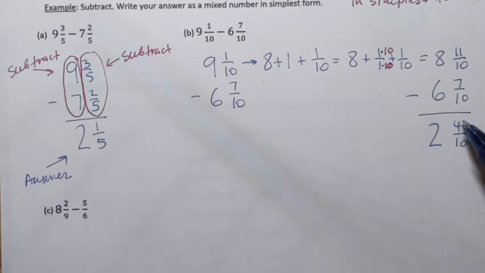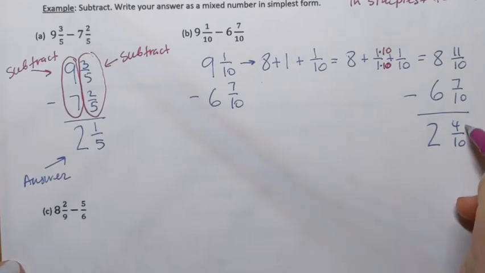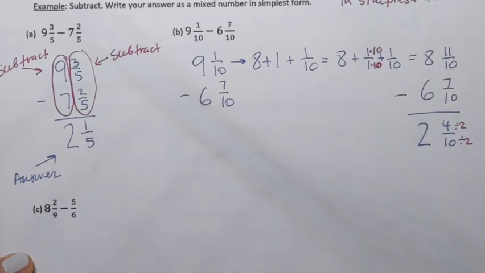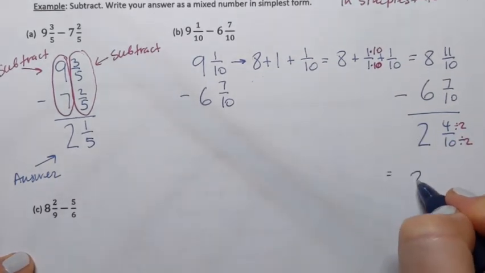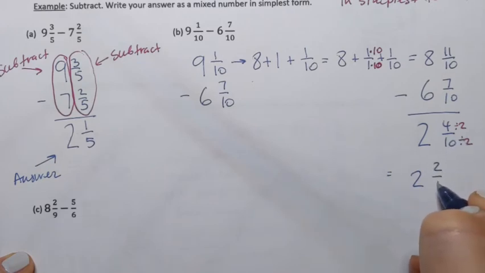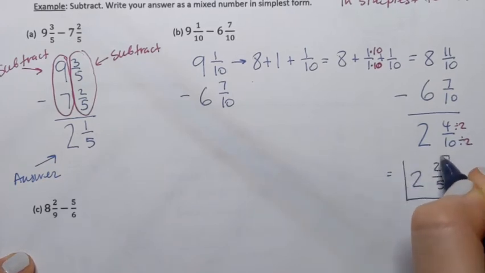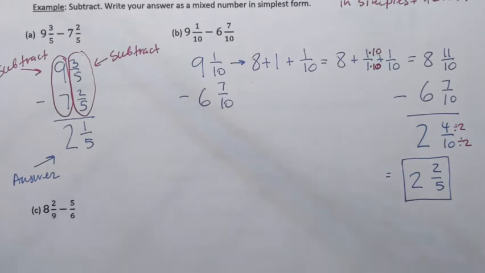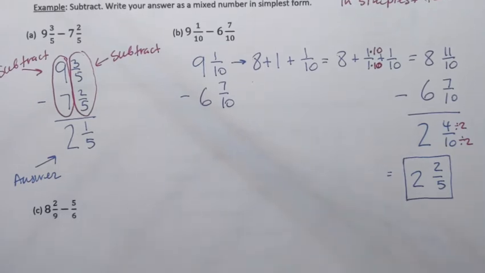Not yet, because we can see how 4/10 can be simplified, right? 4 and 10 can be divided by 2. So we'll divide by 2 each, and then I will write down the final answer. So that's 2 and 2/5. That will be the final answer. So that's the approach. Let's try that one more time.